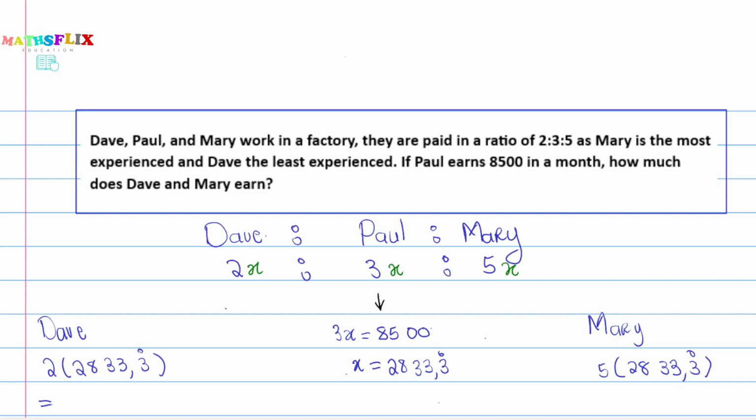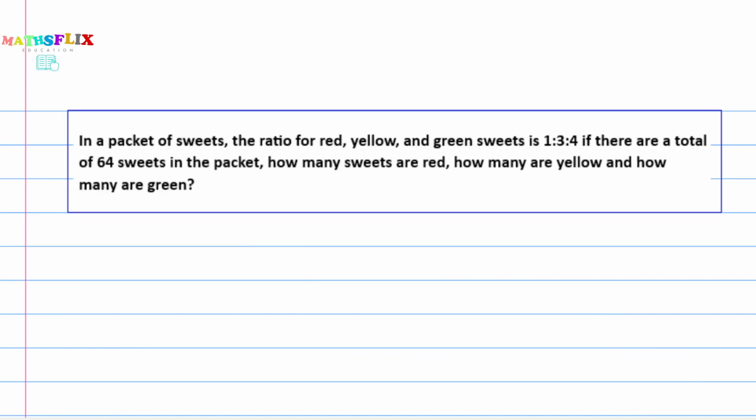Well, 2 times x is 5,666 recurring. And then 5 times x, well, that will be 14,166.6 recurring. And this is how much Dave and Mary earned.